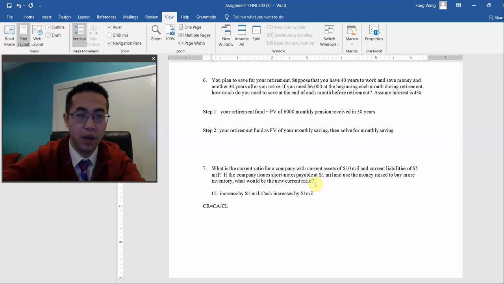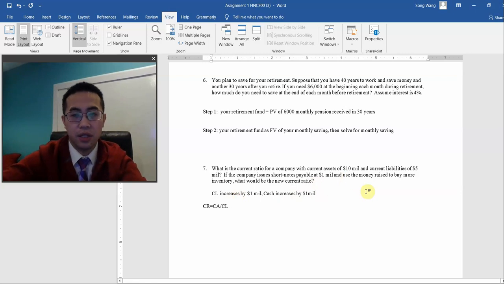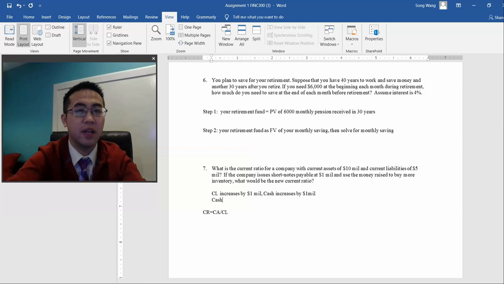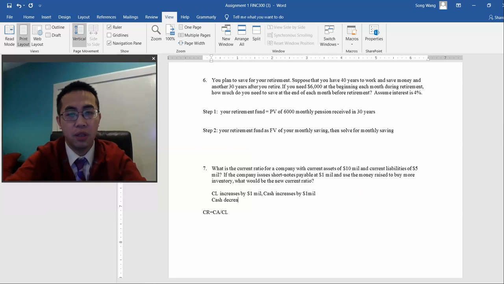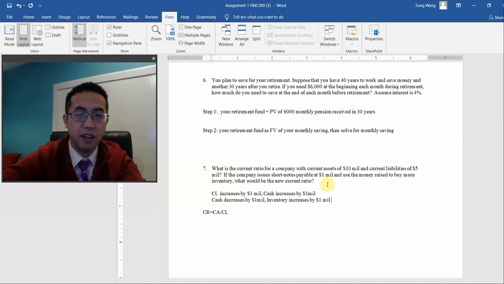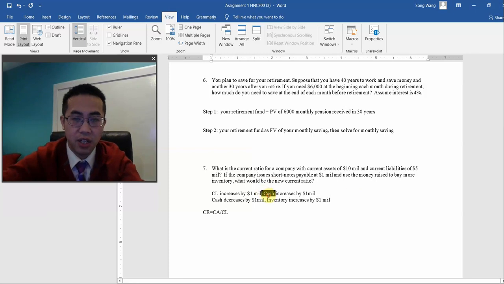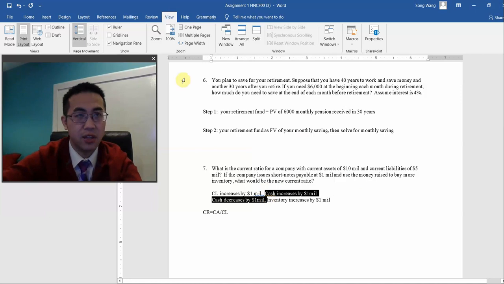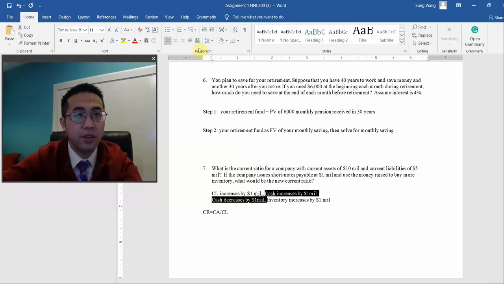And the second step is you're going to use the money to buy more inventory. So when you buy the inventory, the cash will decrease by $1 million, and then your inventory will increase by $1 million. So the net change in cash is 0, it just gets canceled out.